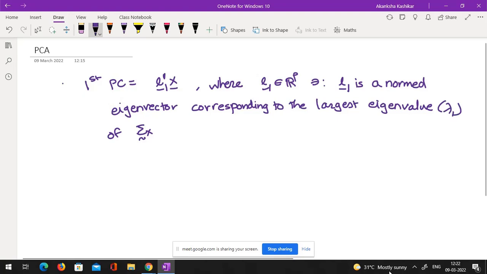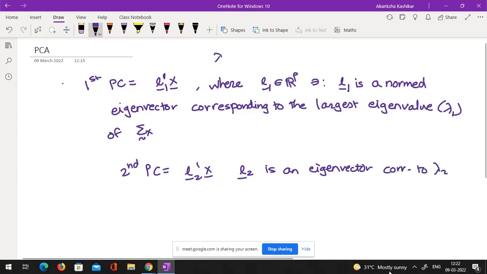Then the second PC turns out to be L2 prime X, where L2 is an eigenvector corresponding to lambda 2, that is the second largest eigenvalue, correct?